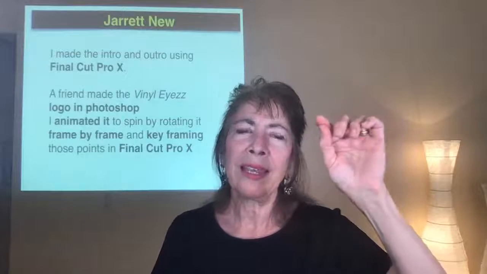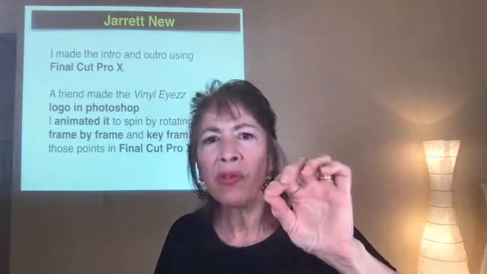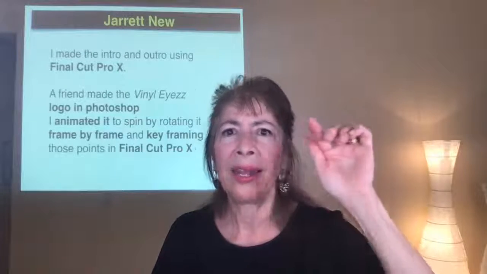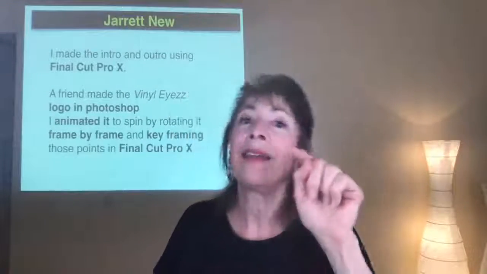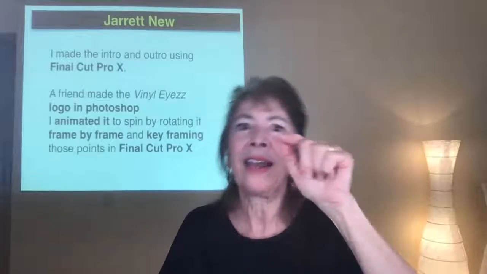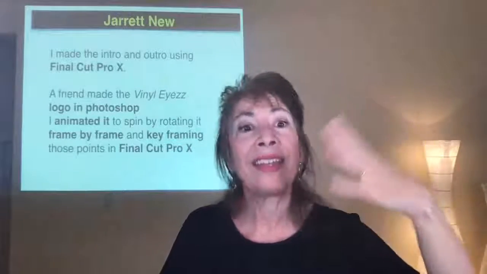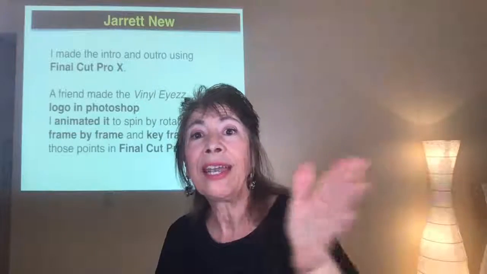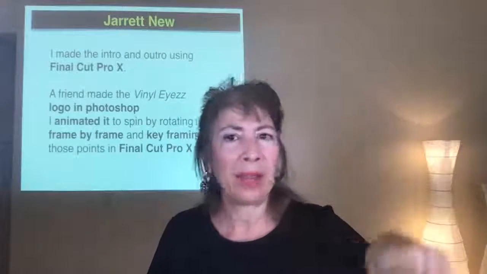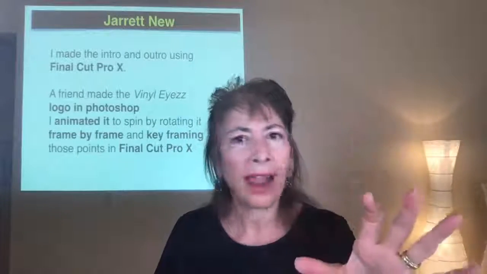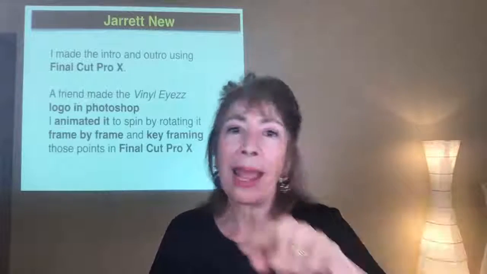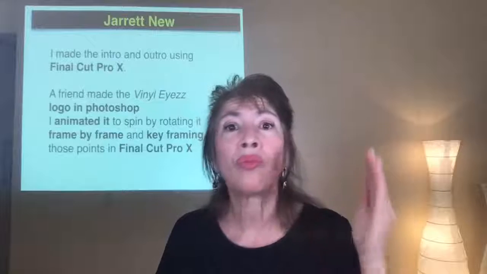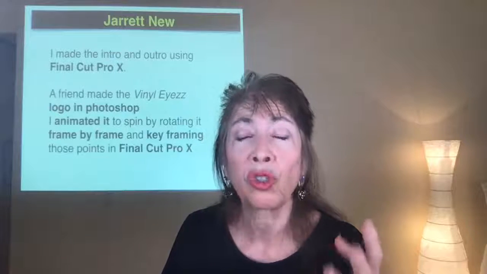You literally move your image a tiny bit and you put a little keyframe on it. And then you move it again and you keyframe it, and you move it again and you keyframe it. And this is how, when you see it, it literally animates. And it's just a plain solid graphic, not doing anything. And you can literally animate things right in your editing program. So cool.